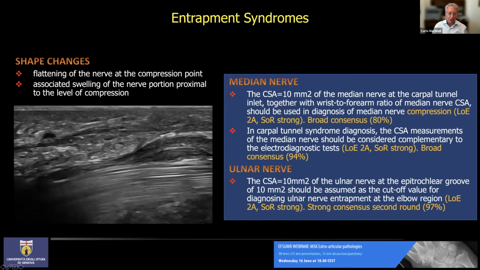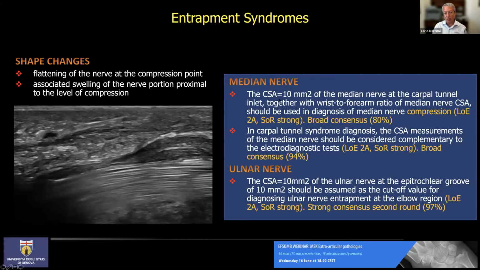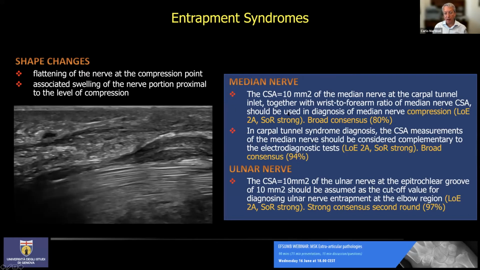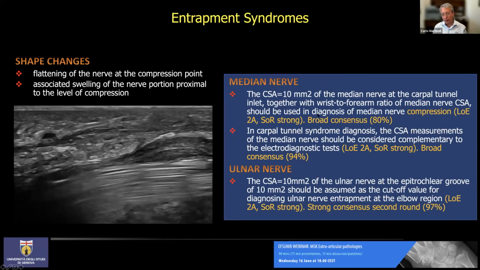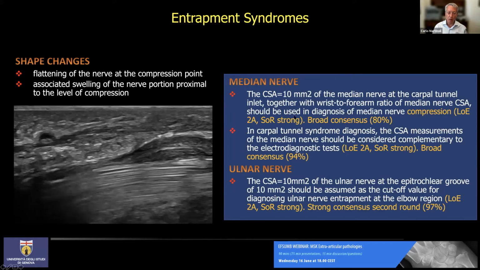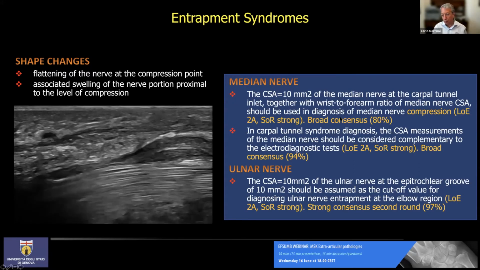Based on the EFSUMB guidelines, we concluded that a cross-sectional area of 10 millimeters squared for the median nerve at the carpal tunnel, together with the wrist-to-forearm ratio of the median nerve, should be a good indicator to identify median nerve compression, with strong strength of recommendation and good consensus.